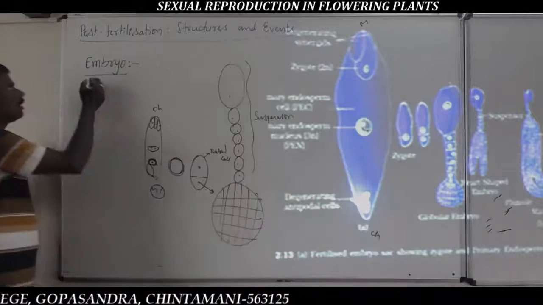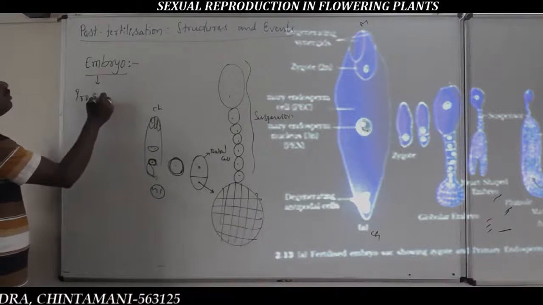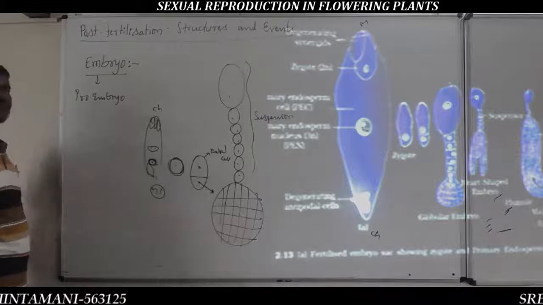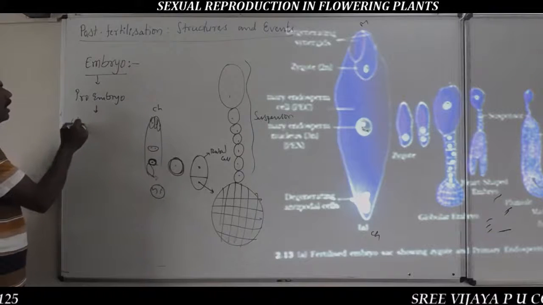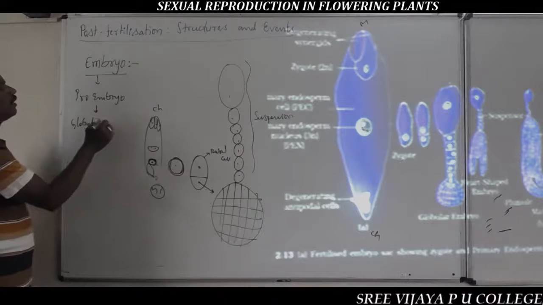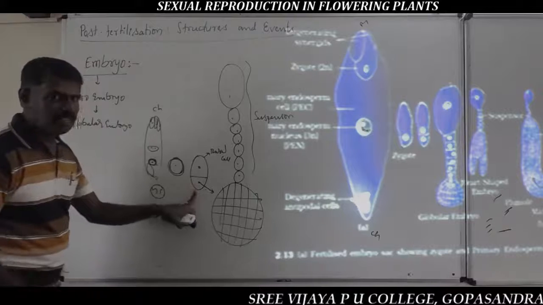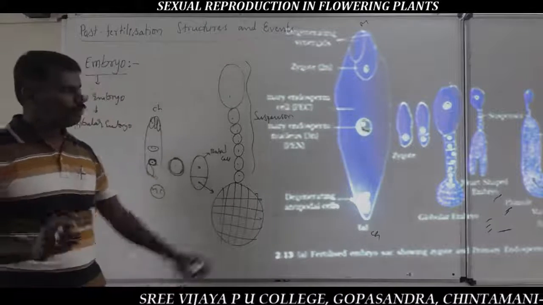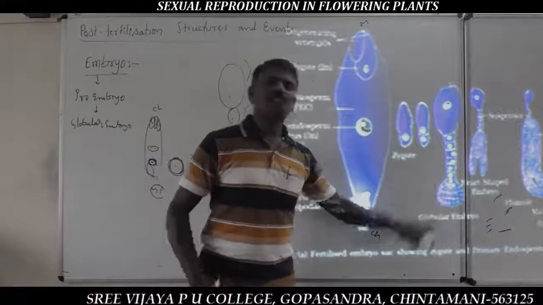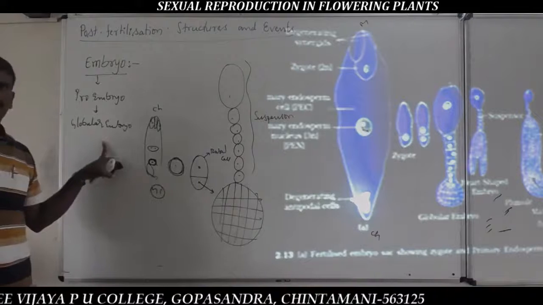The first stage is the proembryo. After the proembryo, it develops as a globular embryo, as the terminal cell divides vertically and horizontally to form a globe-shaped, spherical structure.